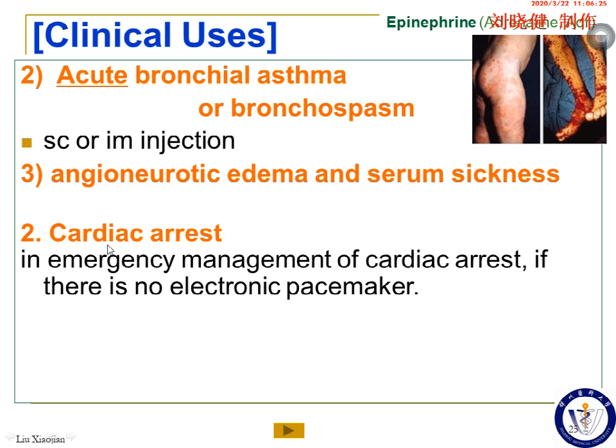Because this drug can directly activate the beta-1 receptor in the heart, it has positive inotropic and chronotropic effects on the heart. So to correct cardiac arrest, this drug is very helpful. In the last section, I introduced isoprenaline.